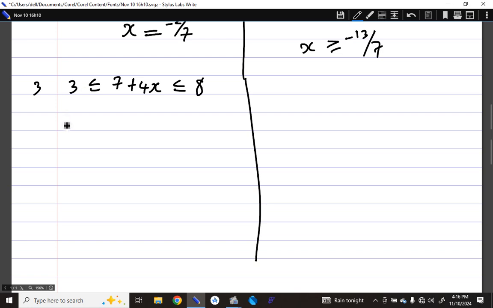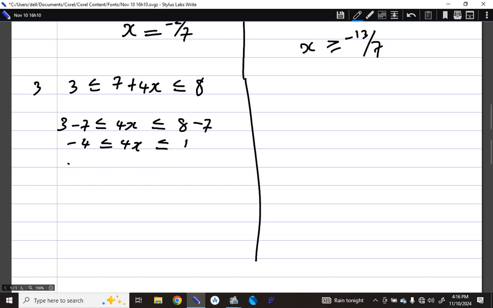So this can come to this side to have that 3 minus 7 is less than or equal to what? 4x, which is less than or equal to what? 8. This one going to this side again, minus 7. So I'm going to have 3 minus 7 to give us minus 4 is less than or equal to what? 4x, which is less than or equal to 1.